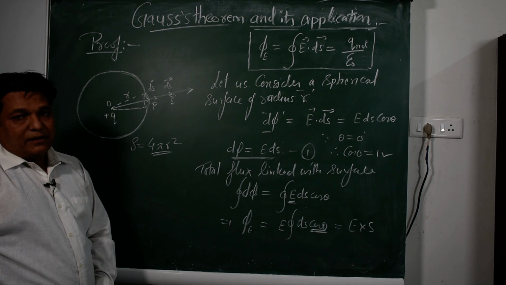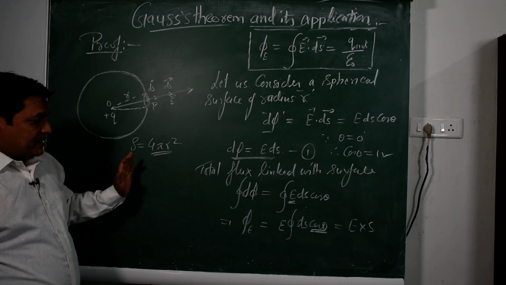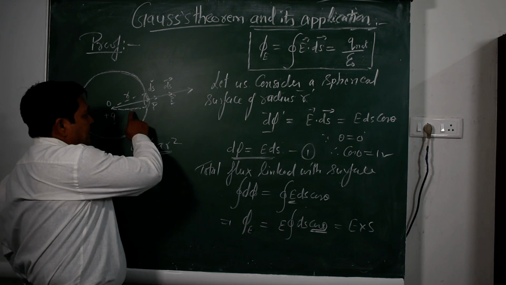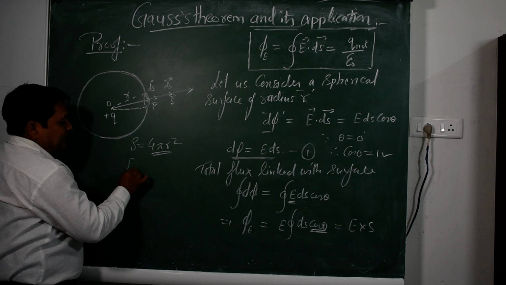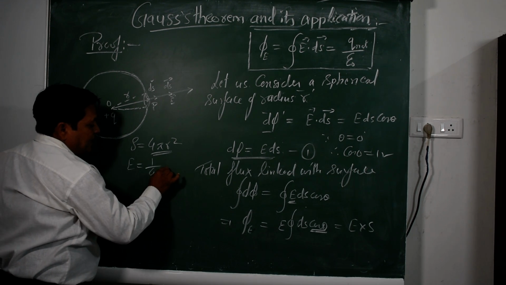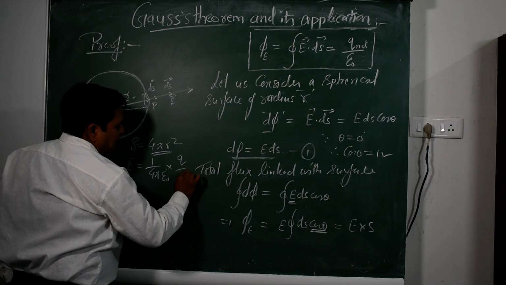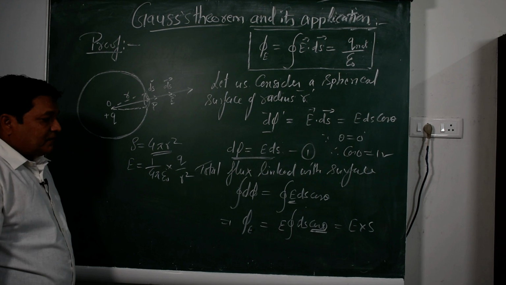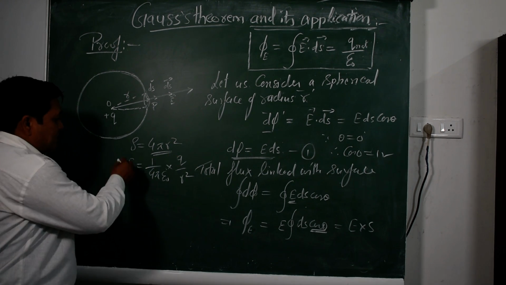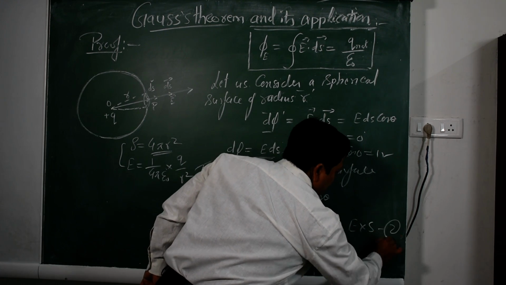Permittivity of free space, because we have considered this particular charge in free space. So the value of electric field due to a point charge at P here will become 1 by 4 pi epsilon naught into Q upon r square. Let us consider this is equation number 2.